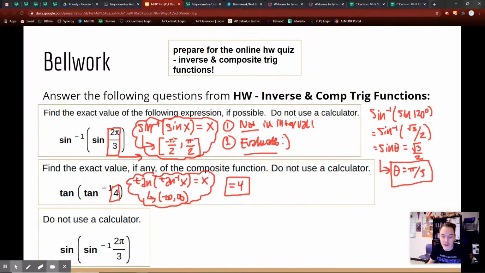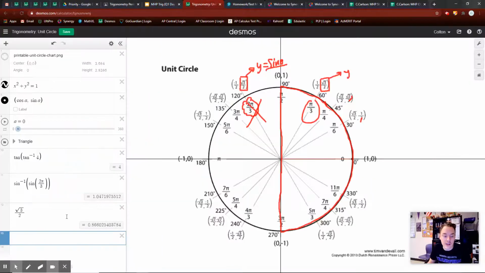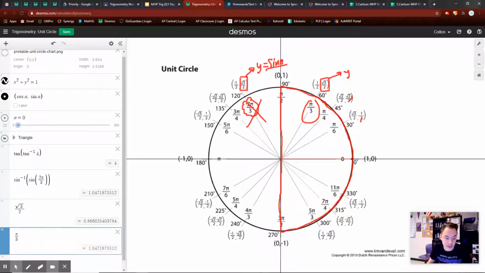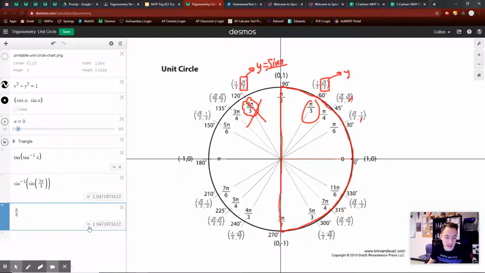What I wanted to find in the first example was this. So pi all over 3. And so yes, if I change it to pi and then divide by 3, I do get that answer right here. And so that's why when you say use a calculator, Desmos doesn't really help you out that much. I believe your TI-36X Pro does give that answer to you, pi all over 3 if you keep in radians, but I'm not certain.